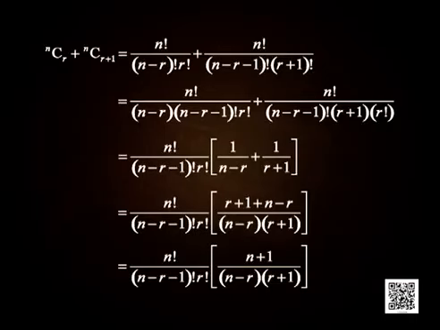In the denominator, n minus r minus 1 factorial into n minus r turns out to be nothing but n minus r factorial, and r plus 1 times factorial of r combines together to be rewritten as r plus 1 factorial. Now, if I rewrite this expression, isn't that what n plus 1 C r plus 1 will be?